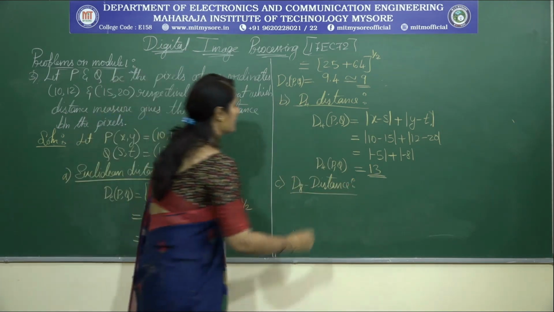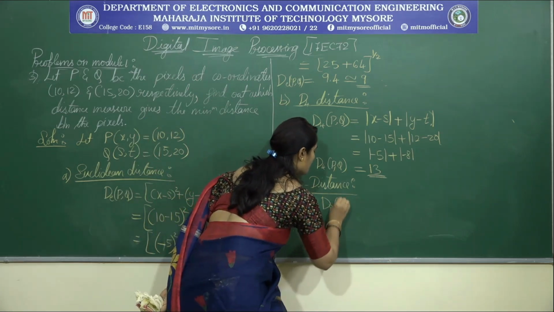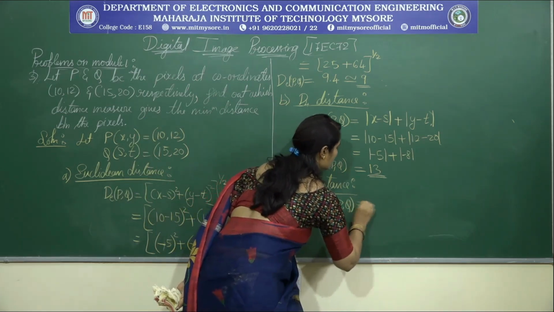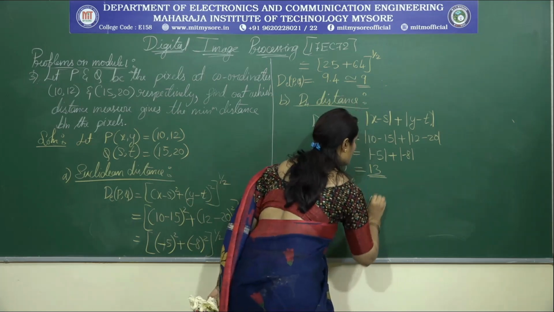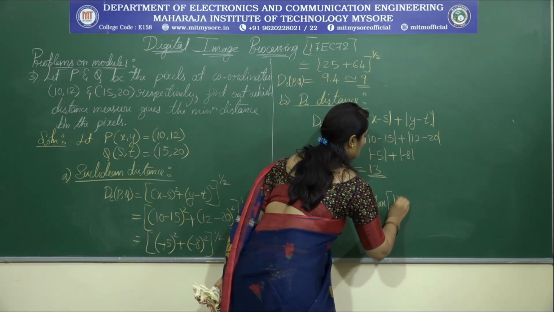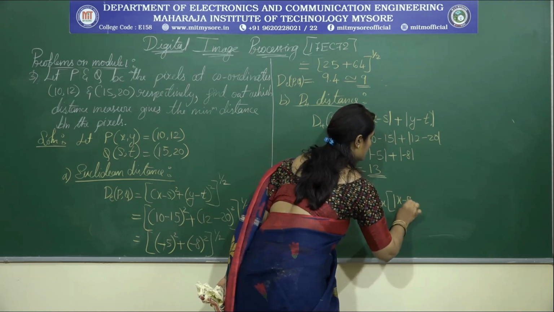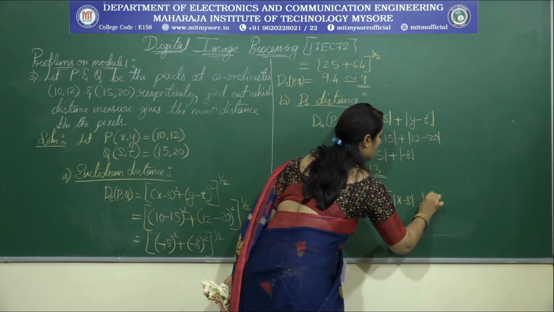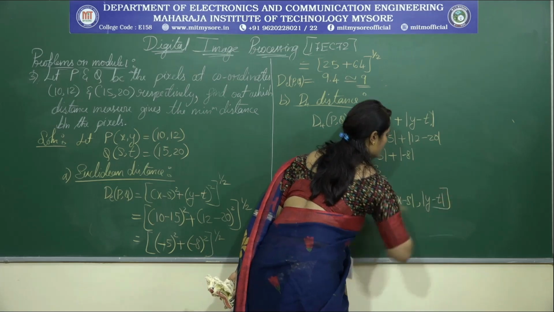So what is the formula to find out the D8 distance between P and Q? It is equal to the maximum of mod x minus s, comma, mod y minus t.